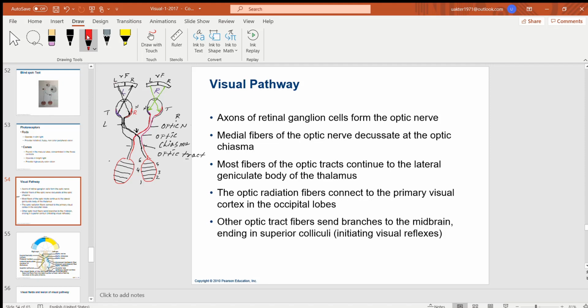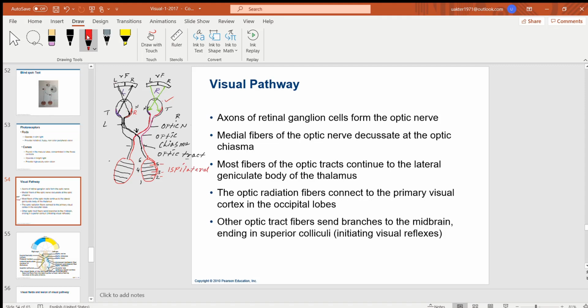So from the same side's eye, that means the temporal fibers here, the same side will give the signal to layer number 2, layer number 3 and layer number 5. So layers 2, 3 and 5 will get signal from the ipsilateral, that means the same side's eye. In this case, the right eye, ipsilateral.